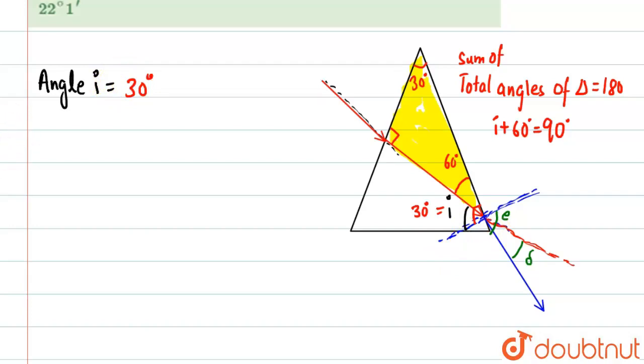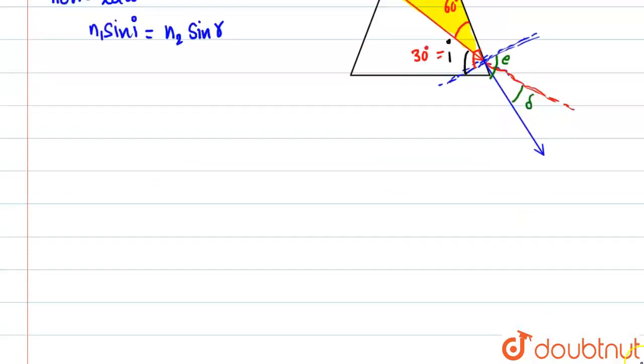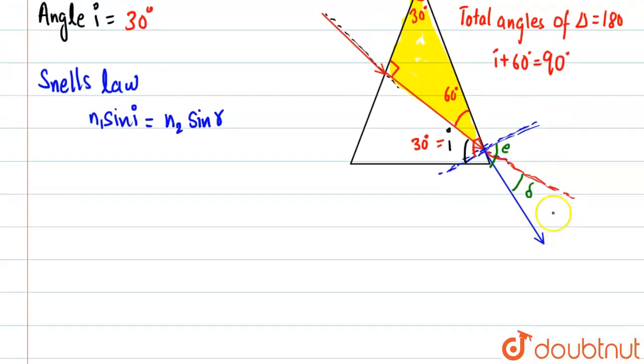Now we will use Snell's law. What is Snell's law? N1 sine I must be equal to N2 sine R, where I is the incident angle and R is the refracting angle. Over here R can be written as E, emergent angle.